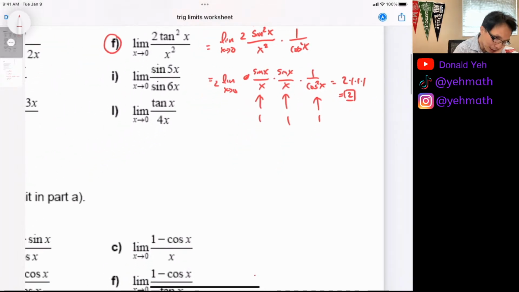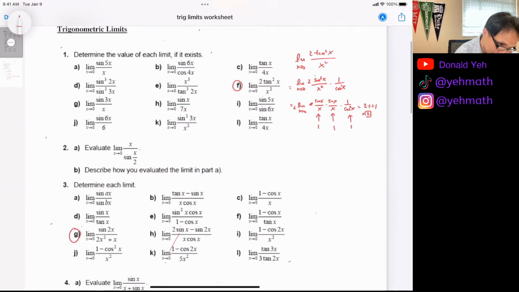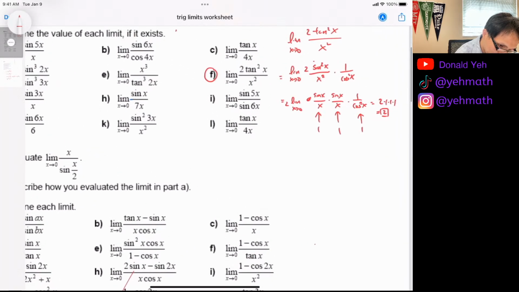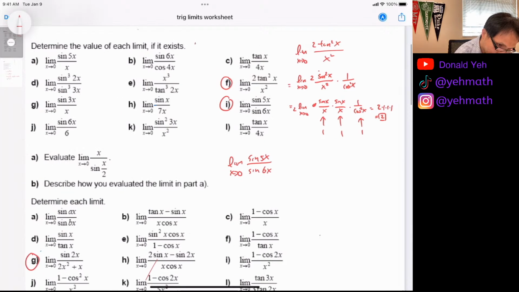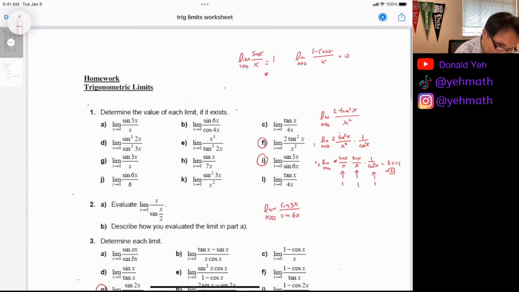I'm going to talk about a second case. This is the case: the limit as x approaches 0 of sine of 5x over sine of 6x. Now, in math there is something called a corollary.